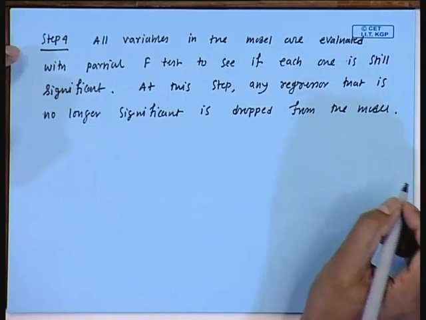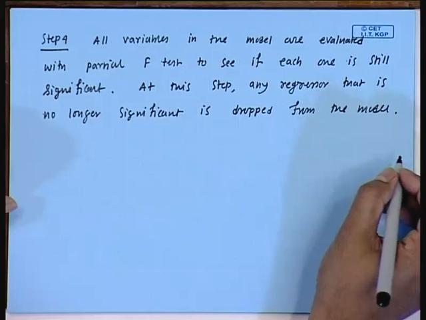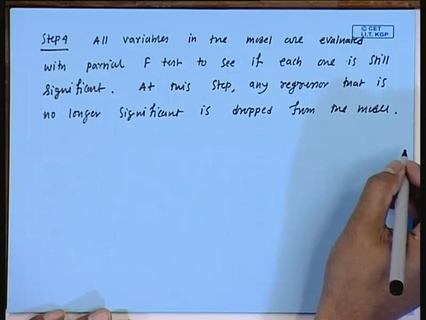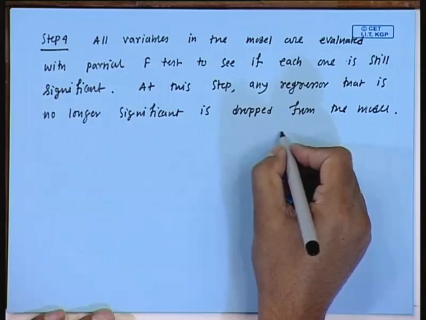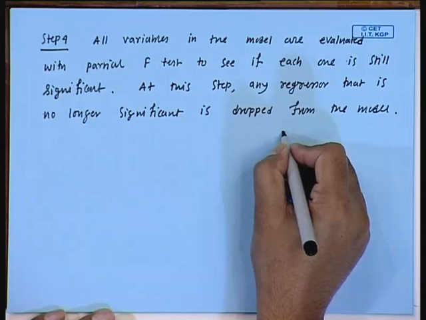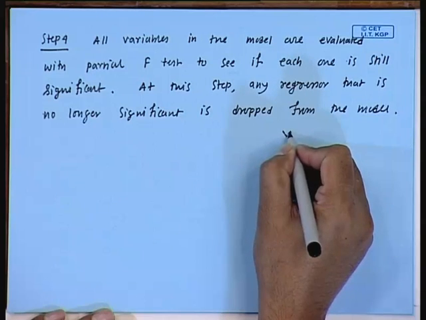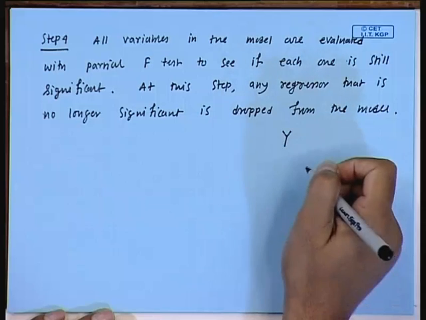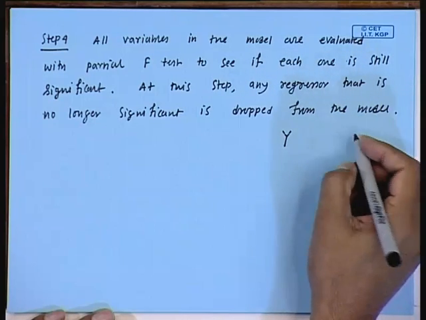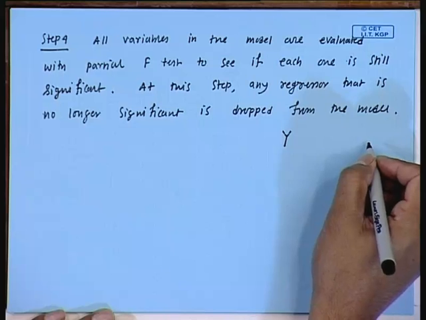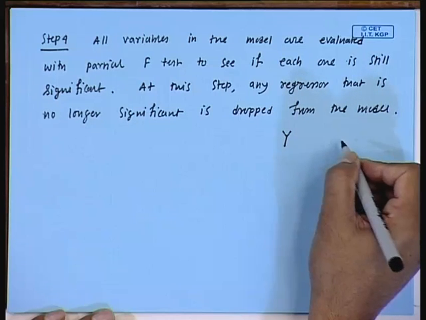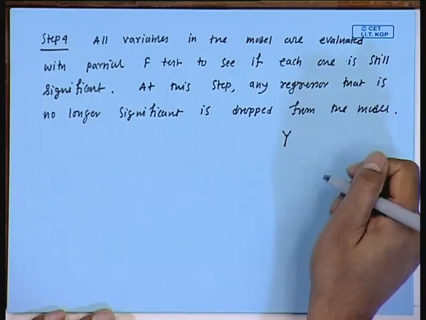I do not know whether it is clear to you, but let me recall the previous example. In the first step we included the regressor x4, and then in the second step we included x1.